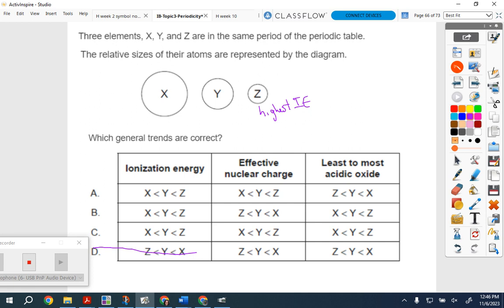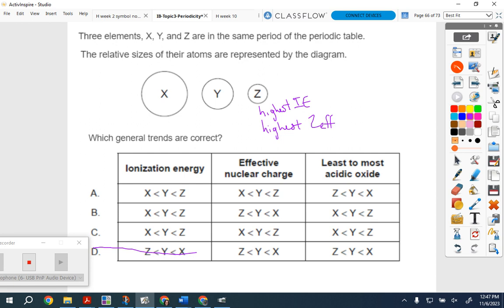Remember, they're in the same period. Not sure? Z? What did you say? Z also? Yeah. So effective nuclear charge is also increasing as we go across.